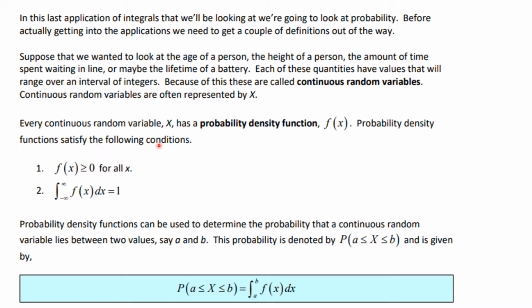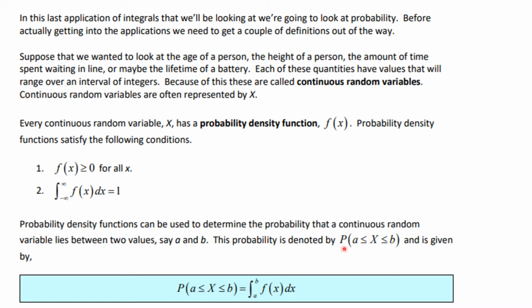Probability density functions satisfy two conditions. The f of x is bigger than or equal to 0 for all x, and the improper integral from minus infinity to infinity of f of x dx is equal to 1. Probability density functions can be used to determine the probability that continuous random variables lie between two values, say a and b.